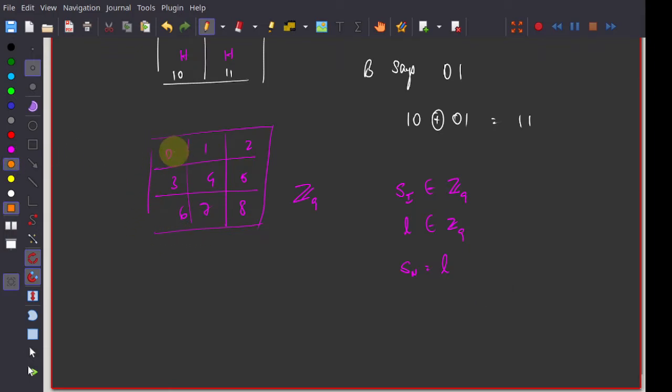Okay, so let's say this is... No, the state will now be 1 plus 8, which is 9, modulo 9 is 0. Okay, so that's the current state. Fine.